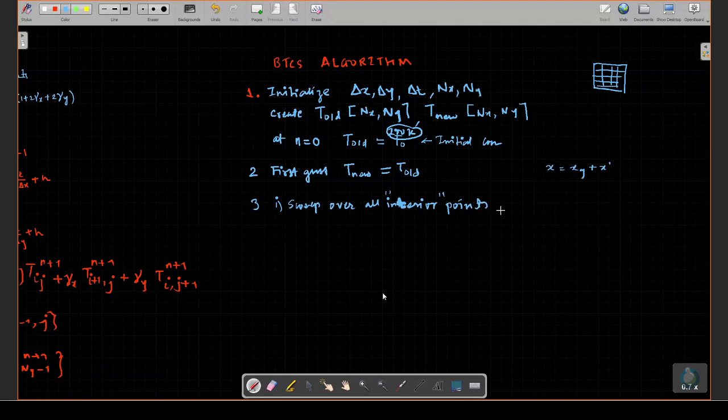Sweep over all interior points in such a way that T new ij will be equal to T new. Now this is an assignment operator. T new ij is already T old, so I'm not writing T old here because T new is already made T old.